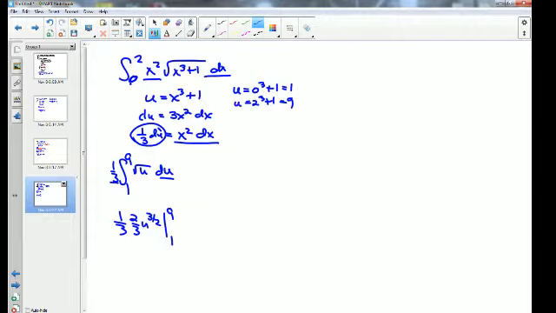Okay, this is an easier method, I think, but just be careful. And then when you go to solve that, you plug in 2/9 times 9 to the 3/2 minus 1 to the 3/2. That's it. Don't mess with x anymore because you transferred everything into terms of u.